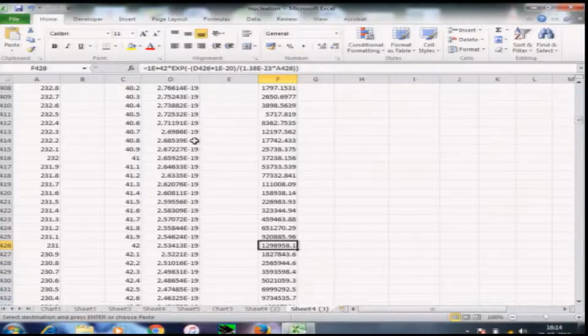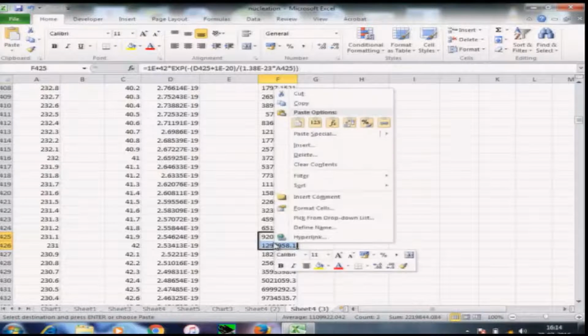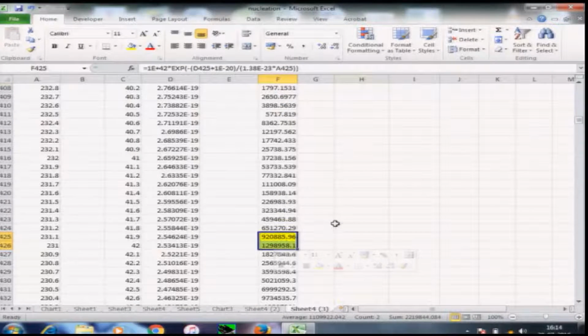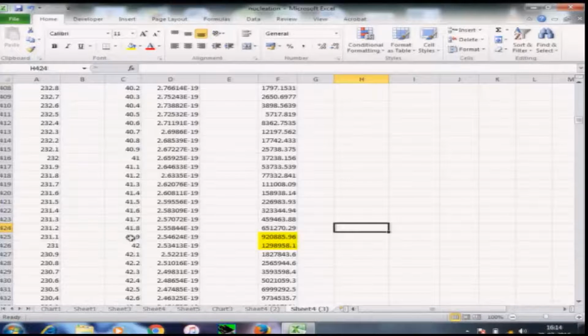So, there around here, between these two values here, if I just highlight this, between 41.9 and 42 lies exactly 10 to power 6 per meter cube per second as the nucleation rate. And in fact, that is what we had calculated in the last lecture. For the critical undercooling, to obtain the critical nucleation rate of 10 to power 6 per meter cube per second to be 41.9. So, there we are, that this is showing this.